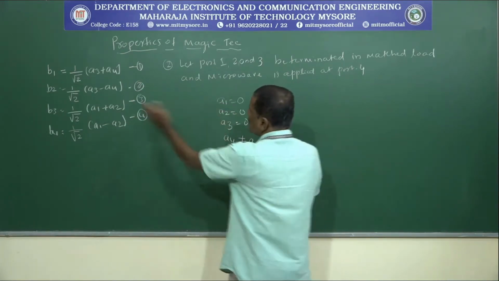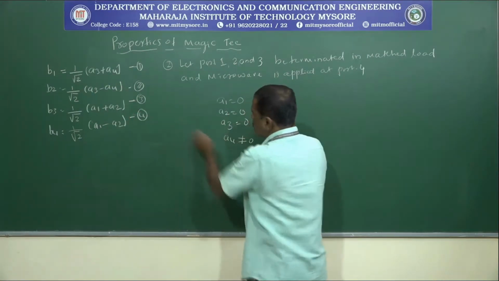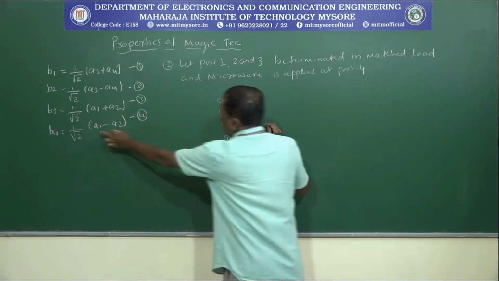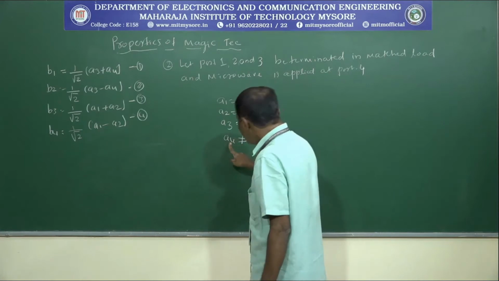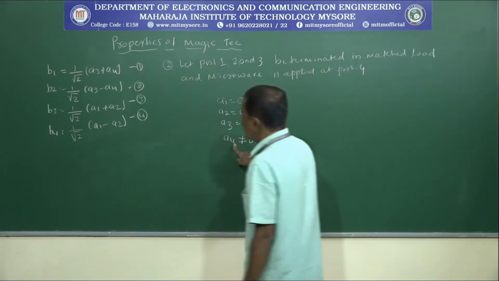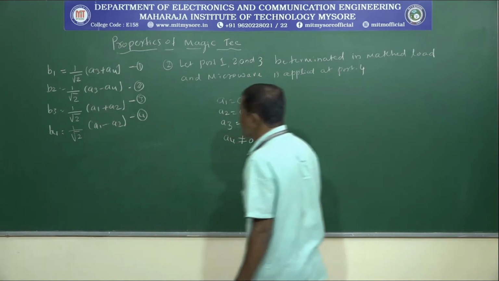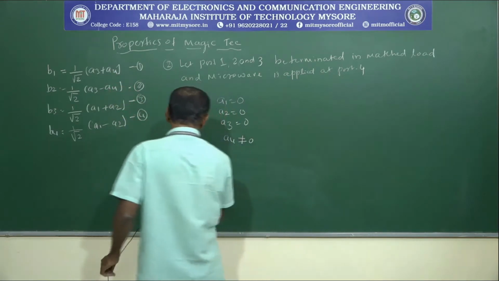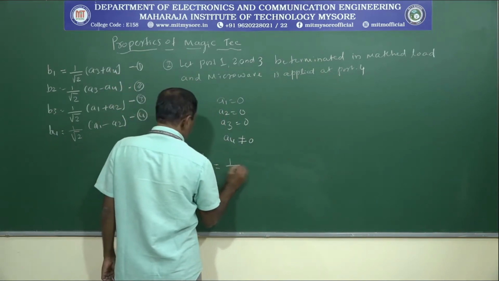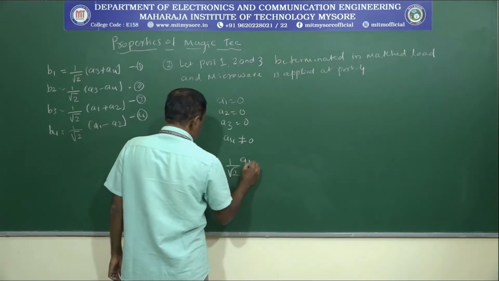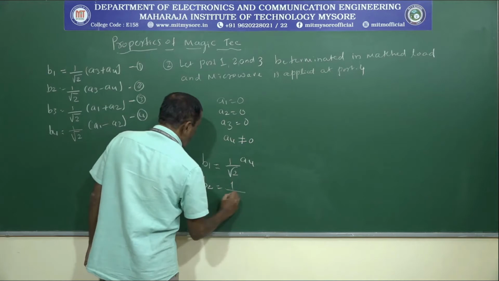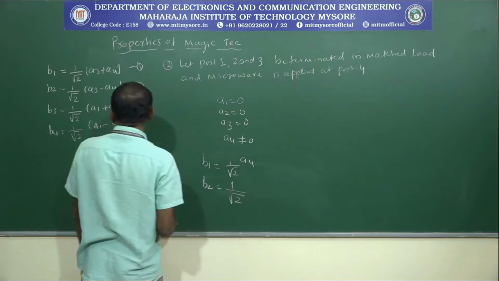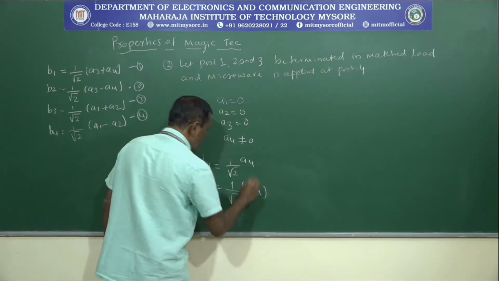If this is the case, then substitute these values in these equations. My A1 equal to 0 and A2 equal to 0, so this term is going to be 0 and also this term is going to be 0, and here my A4 is not equal to 0, here A3 is equal to 0 and A3 is also equal to 0. Because A4 is present in both, I can write B1 is equal to 1 by root 2 times A4 and B2 equal to 1 by root 2 times minus A4.